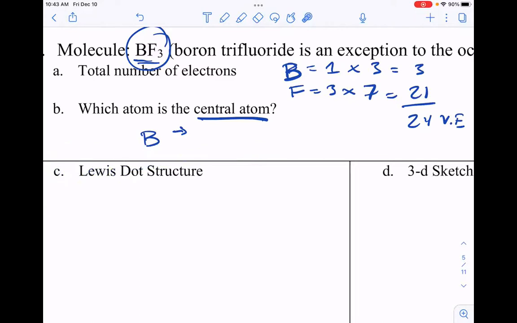If you look at the periodic table, boron is in the 3rd group and fluorine is in the 7th group. So boron is the most metallic and least electronegative.